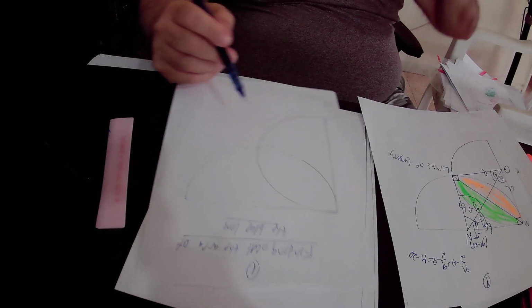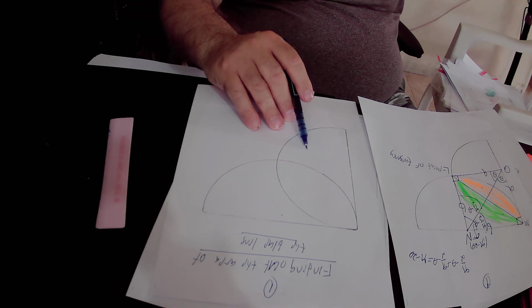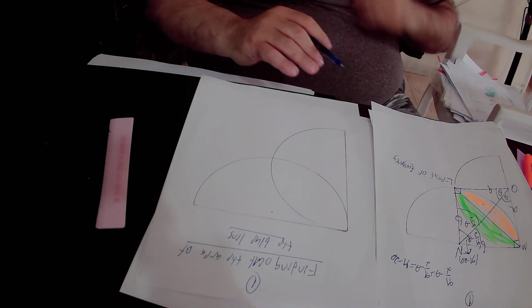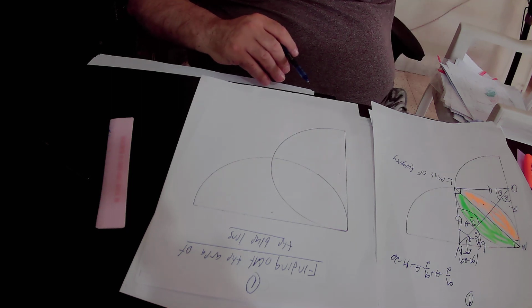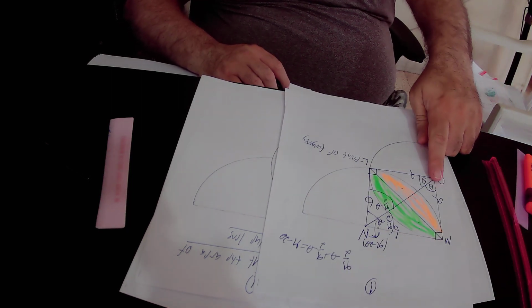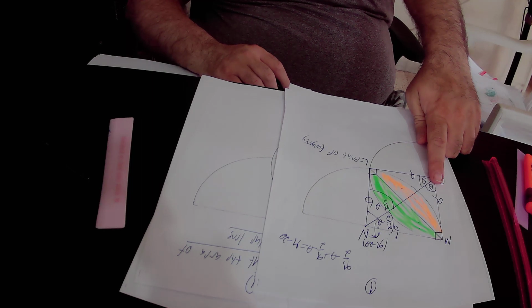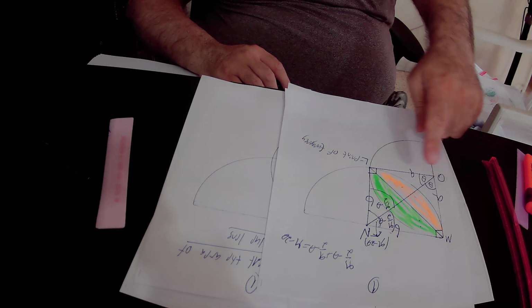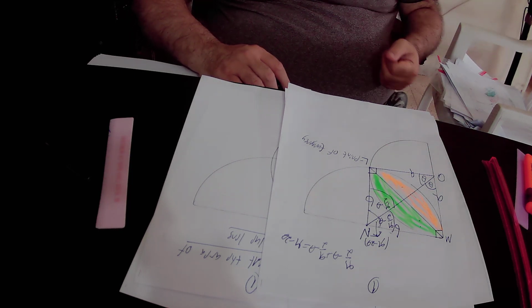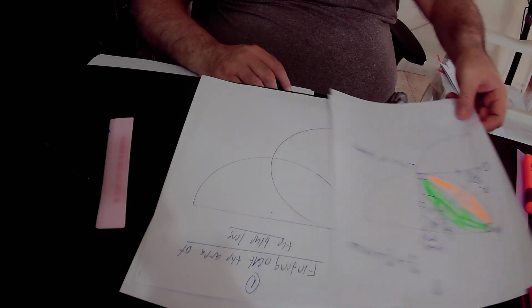We can use here the drawing from the first method. If we put here A equals 5 and B equals 5, then we get exactly the area of the blue lens.